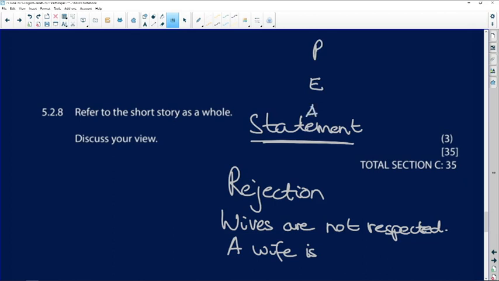You're going to say, yes, I agree, a wife is not respected because she is seen as replaceable almost. And then my evidence, and then my discussion. Or a wife is respected, whatever, because of evidence and analysis.